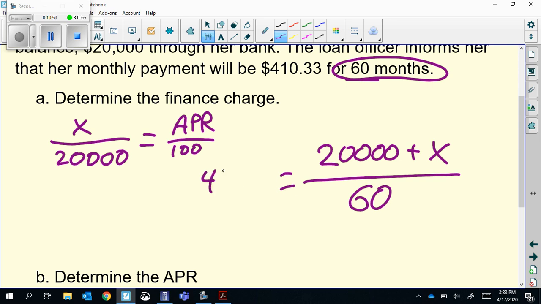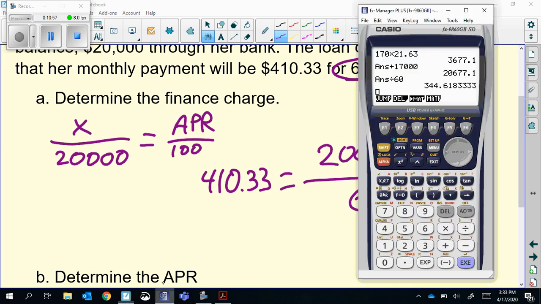So that's going to equal 410.33. So the 410.33 times 60 means that over those 5 years, it'll pay a total of $24,619.80.